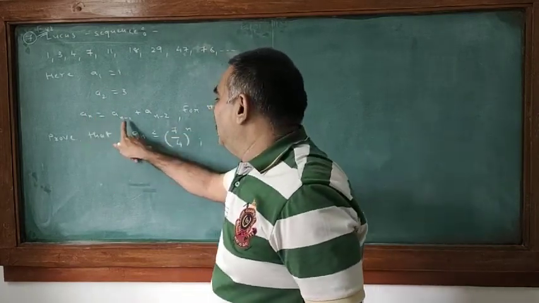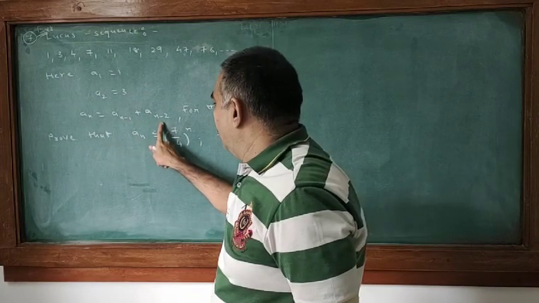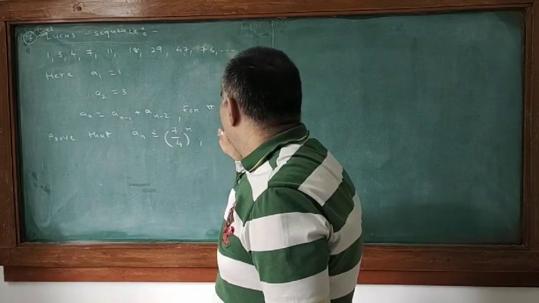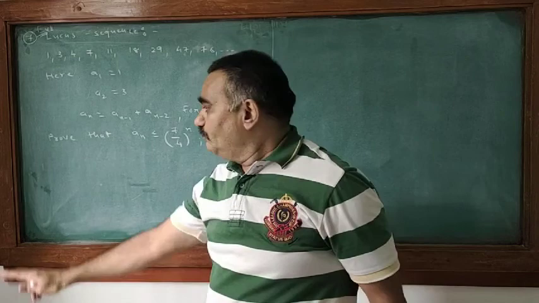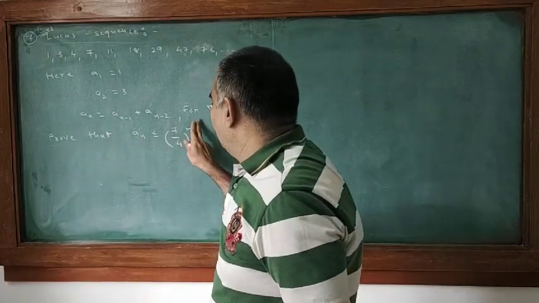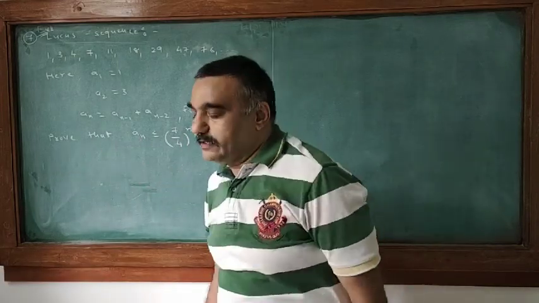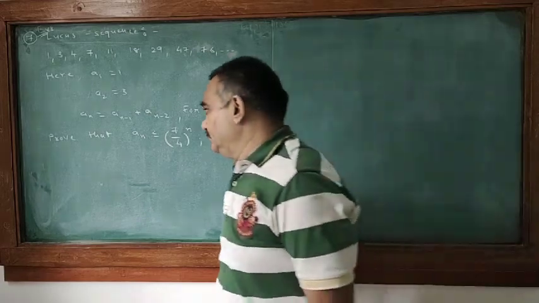Means a_n is a_(n-1) plus a_(n-2) for all n greater than or equal to 3. Prove that a_n is less than or equal to (7/4) raised to n for all n.